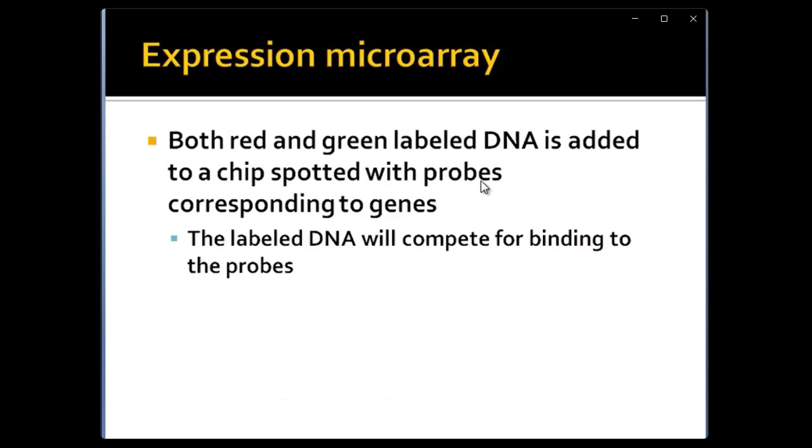And then probes corresponding to various genes are spotted onto a chip, and both the red and green labeled DNA is added together to the chip with those probes. And the two different samples of labeled DNA will compete for binding to those probes.